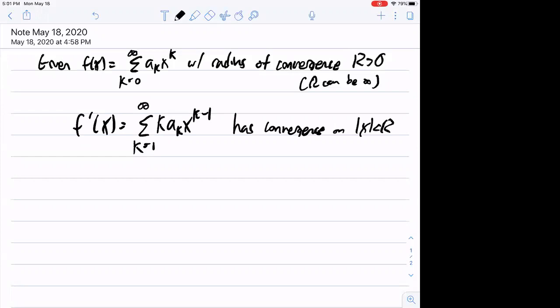But then there's no reason to stop here. We can pretty much just keep continuing taking derivatives, and so on and so forth, right?